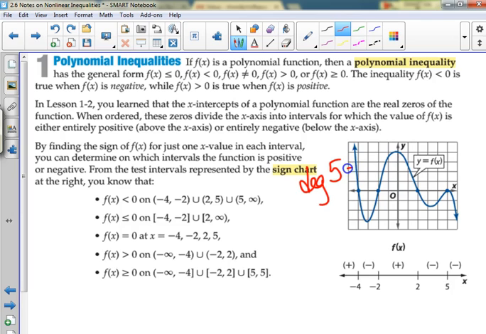Do you see here it was positive, then it became negative, then it went positive, then it became negative, but actually at this 0, it stayed negative. Everybody okay? Because of the bounce. So if we were doing an inequality and we're comparing f of x to 0, it's less than 0 between -4 and -2, between 2 and 5, and again beyond 5. Why can I not include 5?